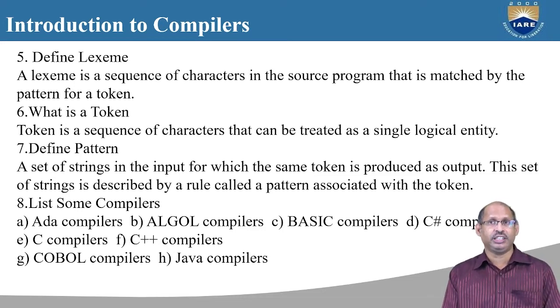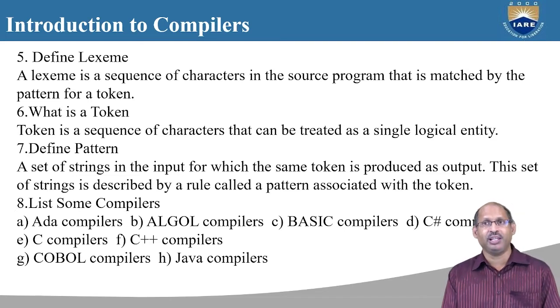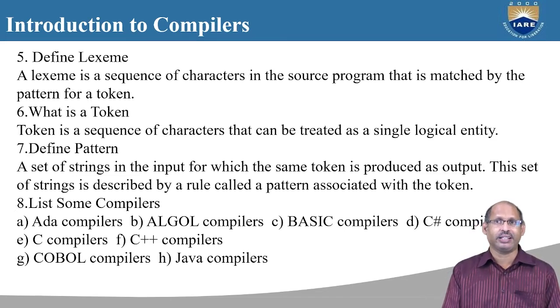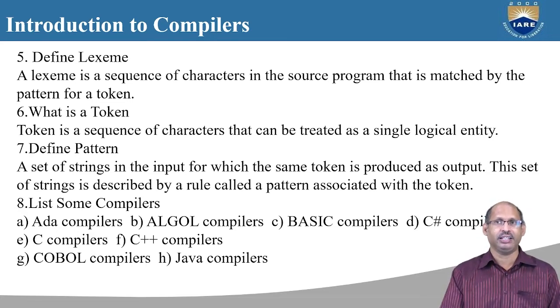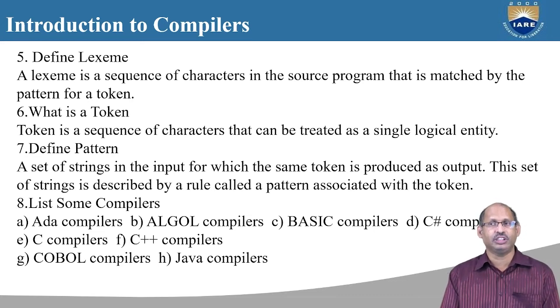A pattern is a set of strings in the input for which some token is produced as the output. This set of strings is described by a rule called a pattern, which is associated with the token.